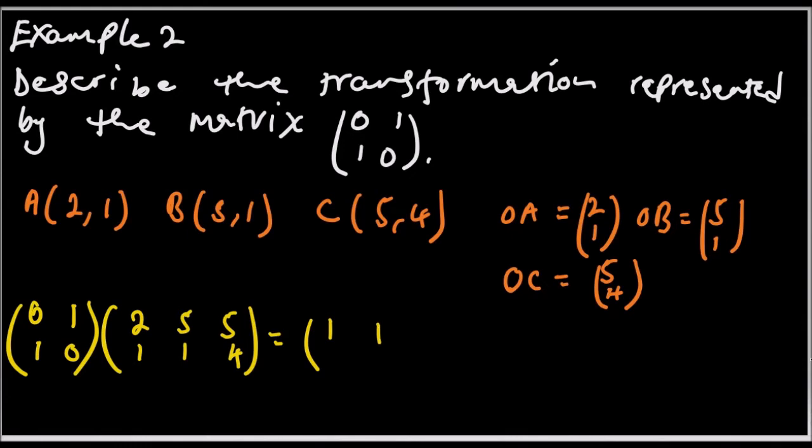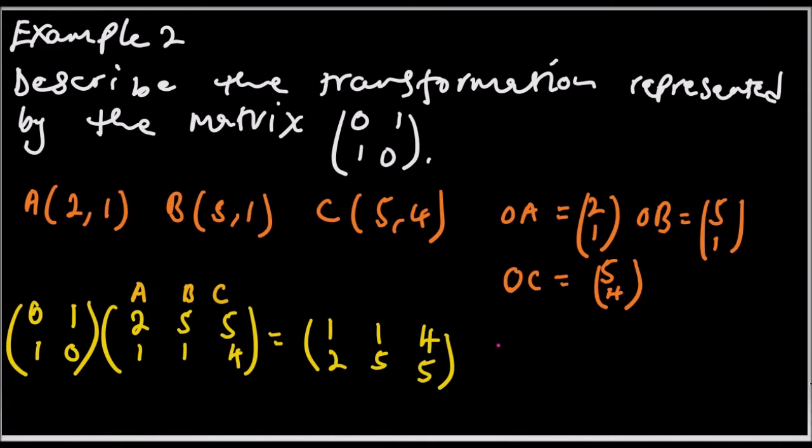Then 0 times 5 is 0, 1 times 4 is 4, so we get a sum of 4. 1 times 2 gives 2, 0 times 1 gives 0, so that gives us 2. That gives 5 plus 0, that gives me 5. And we have 1 multiplied by 5, 0 multiplied by 4, we get the sum of 4. We can now write the coordinates, so we can say this is A, this is our B, and that is our C.